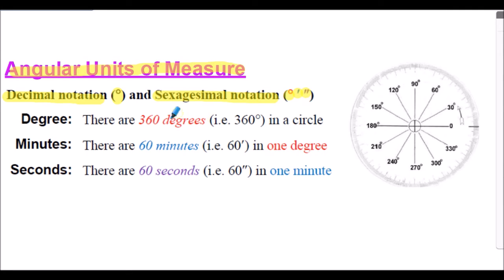Just to recap, there are 360 degrees in a circle, or in one revolution, 60 minutes in 1 degree, and 60 seconds in 1 minute, a second being a very small unit of angular measure. Again, if you want a recap on angular units of measure, I suggest you revisit the presentation related to an introduction to trigonometry.